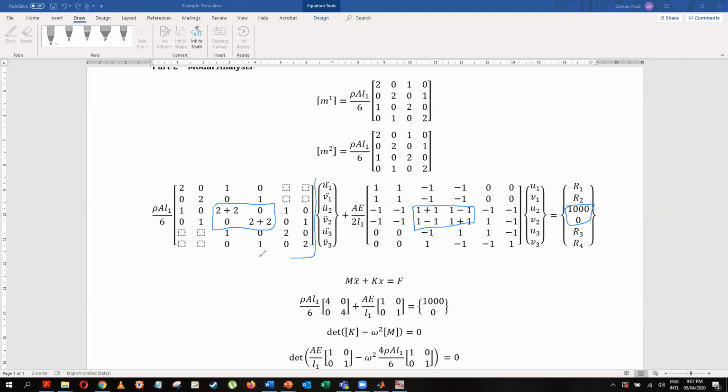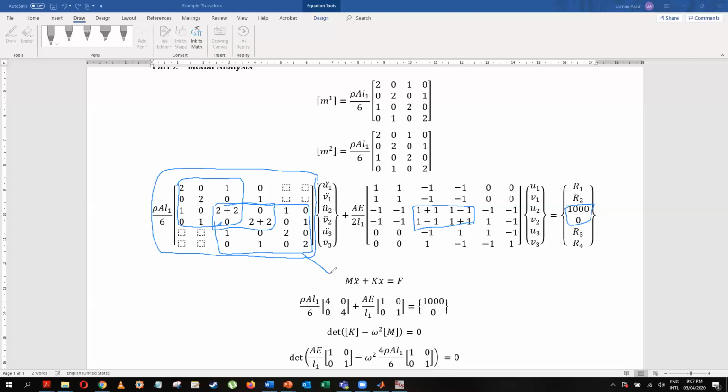mass matrix is assembly of these two matrices, कि जहाँ पे this is यहाँ पे M1 आ जाता है और यहाँ पे M2 आ जाता है और जहाँ पे ओवरलैप हो रहा है वहाँ पे वैल्यूज आपस में ऐड हो रही हैं, right?